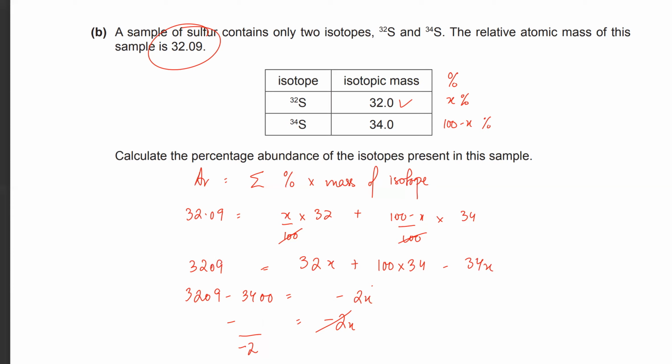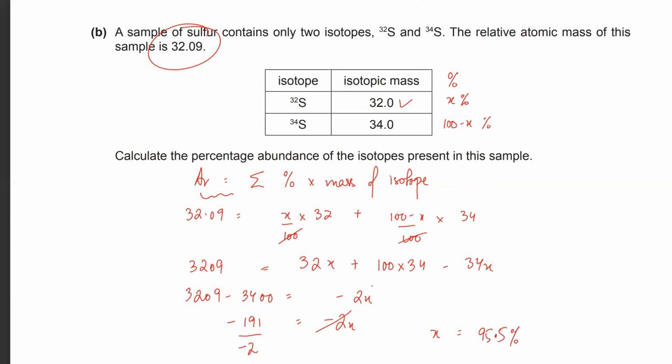Minus 191. Yeah, 191. So what are we getting for X? 191 divided by 2 is what? 95.5. 95.5%.